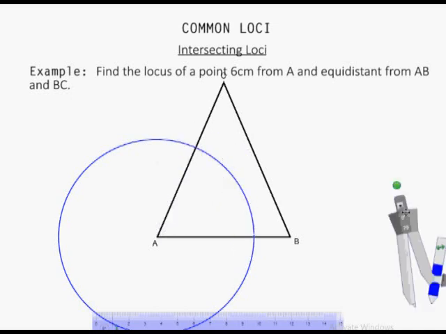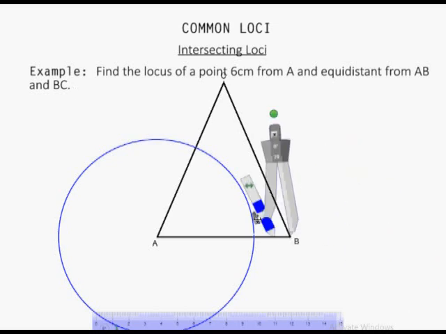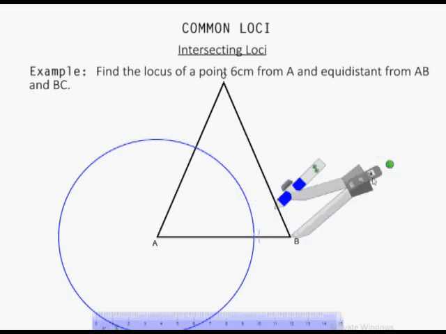Second condition, equidistant from AB and BC. We've said that such a locus is the angle bisector, and so we bisect the angle at B. Place the compass at B, arc here, and arc there.